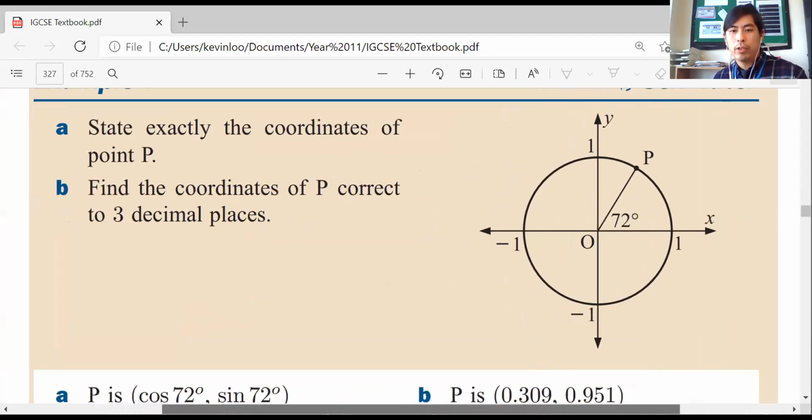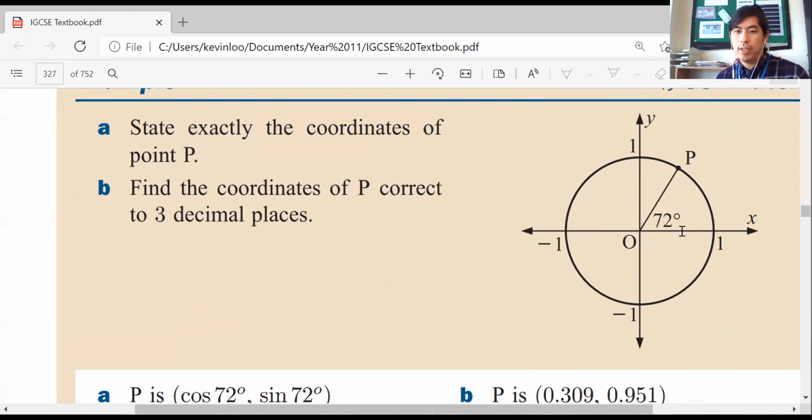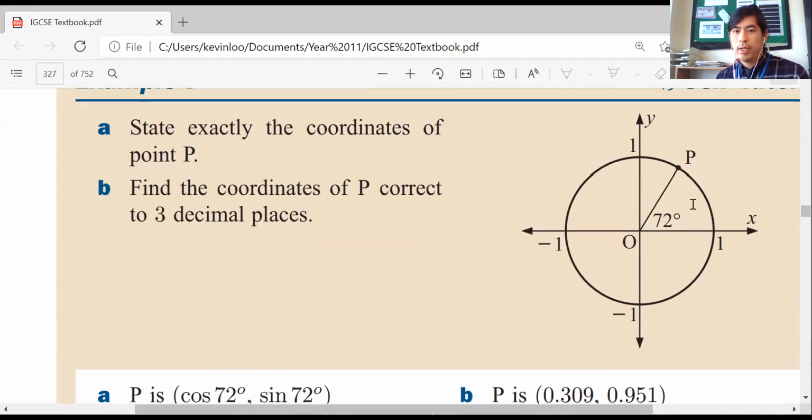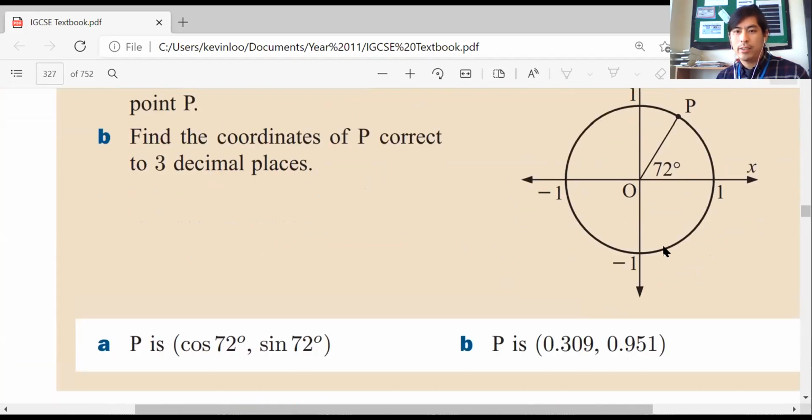So the exact coordinates, well, I just said the x position is cosine theta, so cosine theta is just cos 72. And then y is sine 72. Ta-da! That's it. And then to find the coordinates to 3 decimal places, you just put that into your calculator.